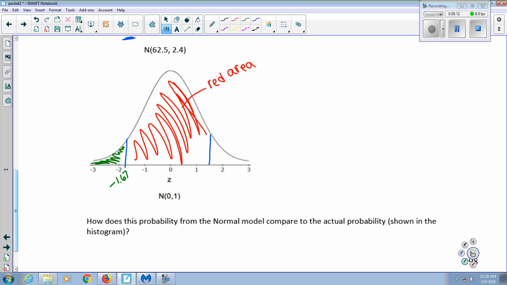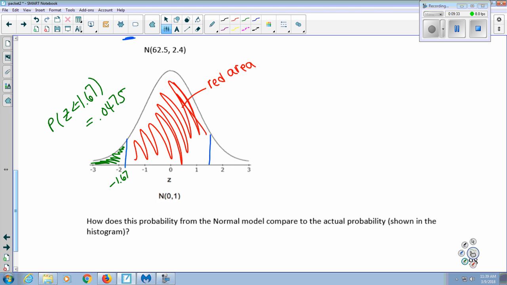We need to know that. So let's look that up using the table. And you can pause the video and go check your table. 67. And that will be 0.0475. So hopefully you got the right probability for the green area.